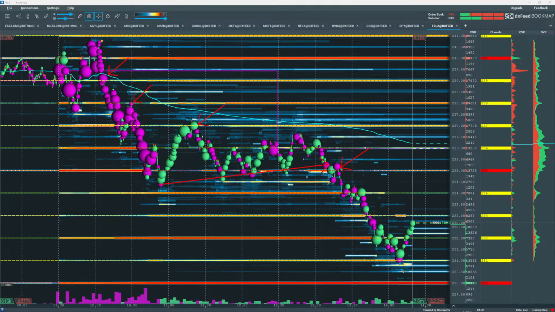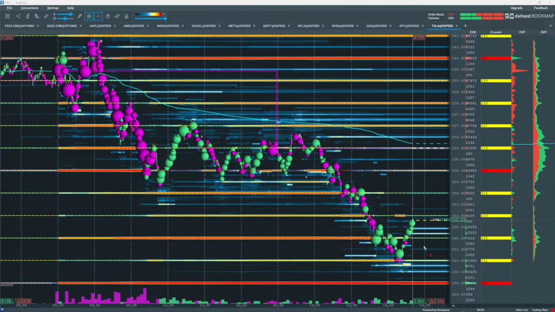Trend break and price moves lower after 1 p.m. Remember that 232.50 level is the hedge wall. So we're around here. Sorry, I'm off just a little bit. Some aggressive buyers are starting to come in Tesla. More green volume dots.